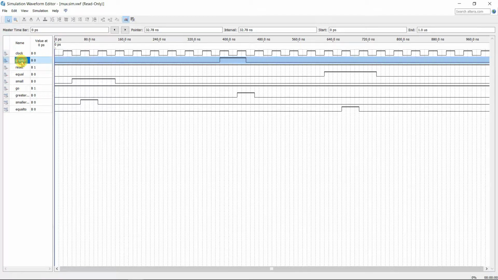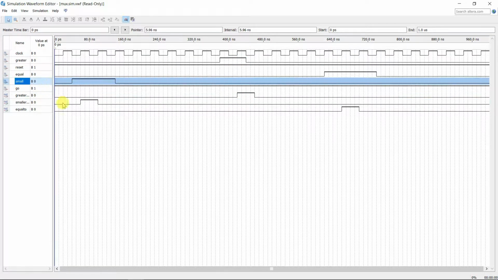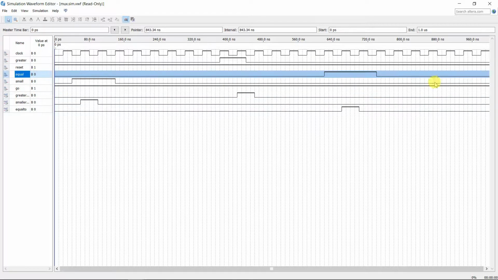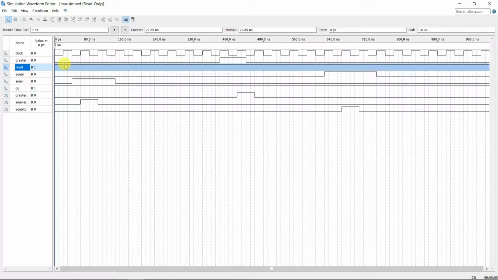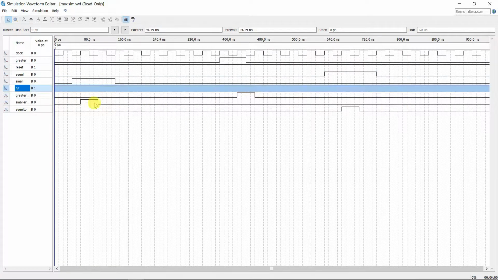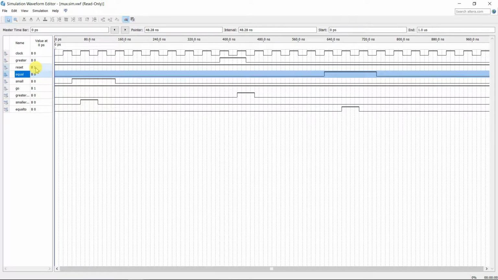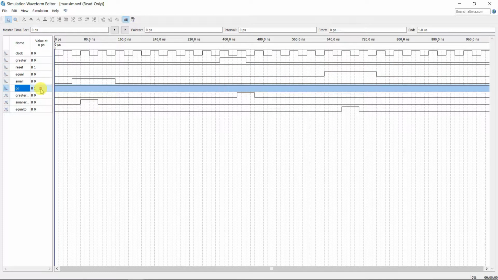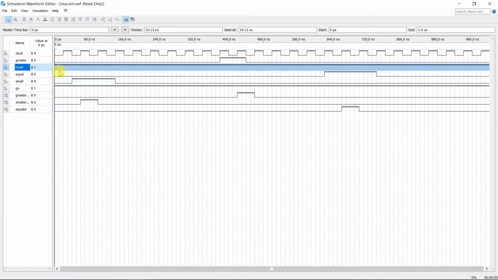So for the control unit, when it is greater than, it shows greater than. When it is smaller than, it shows smaller than. When it is equal, it shows equal. But it can be controlled through reset. If reset is low, there will be no output. If go is low, still there is no output if reset is high. So in our circuit, we keep go always on, and we just control the reset.